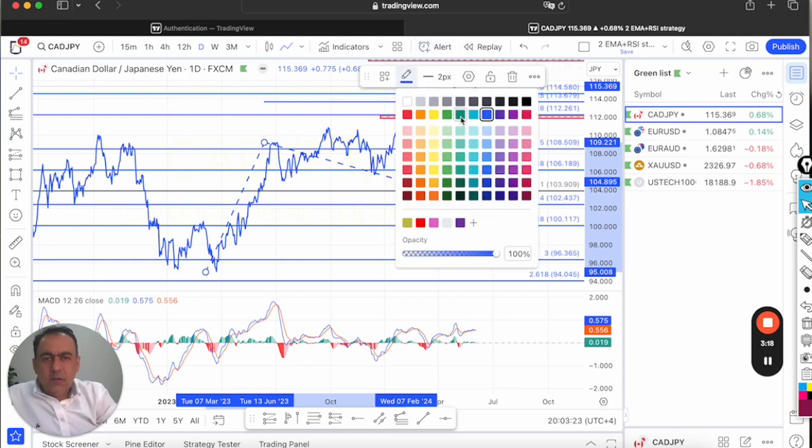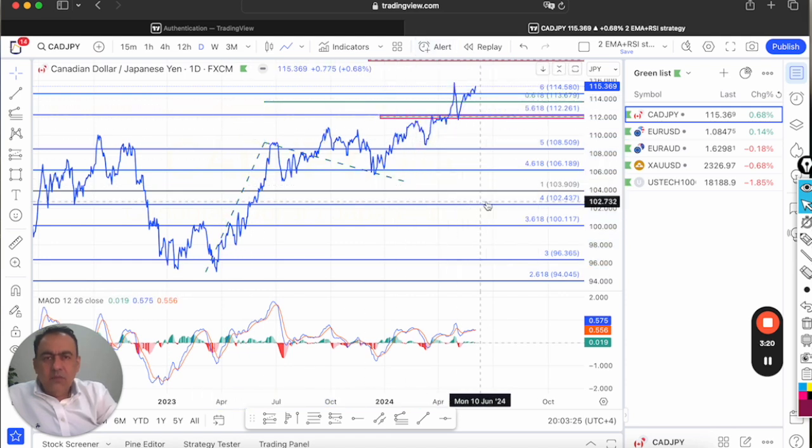Let's mark it green. So we have a confluence of support between this green horizontal line and the blue line. This area becomes our latest support zone.